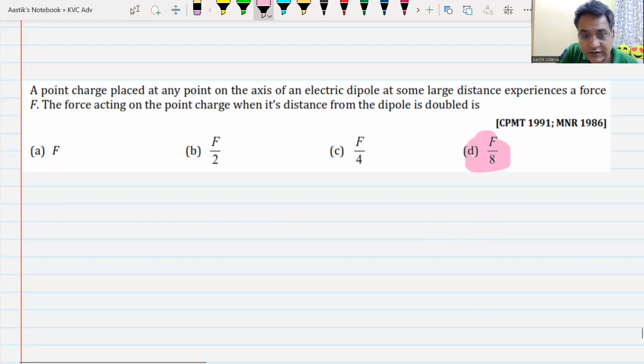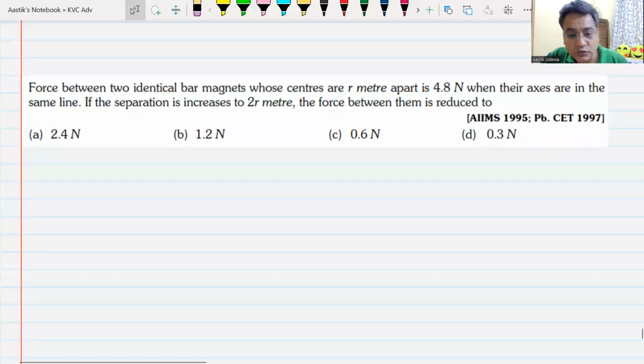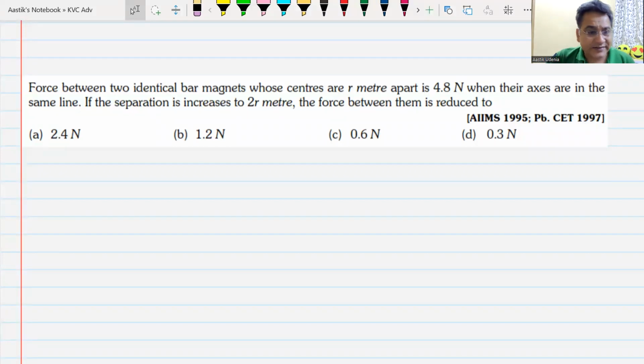These questions are more likely to come, looking at the present trend of the questions. Force between two identical bar magnets whose centers are r meters apart is 4.8 Newton when their axes are in the same line. If the distance is increased to 2r meters, what is the force between them? I'll give you a minute to do this.